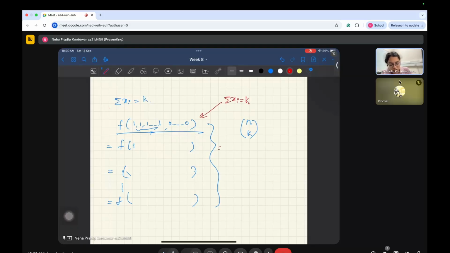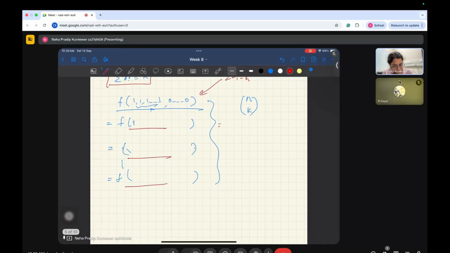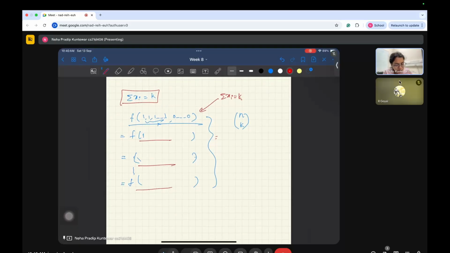That's how we started our case. So at this point we can say that the function depends only on the sum of the inputs, or the number of ones.